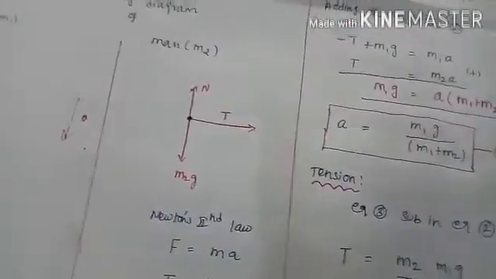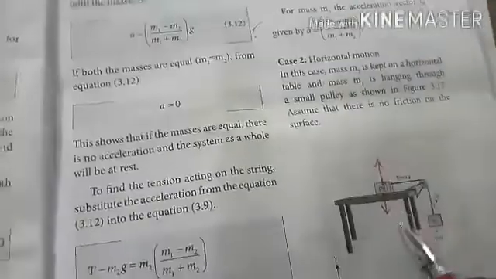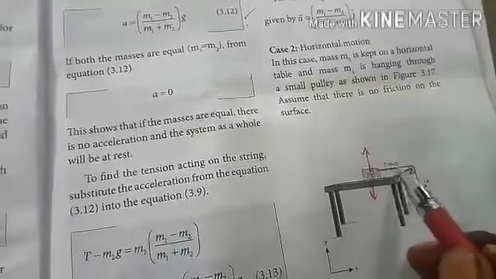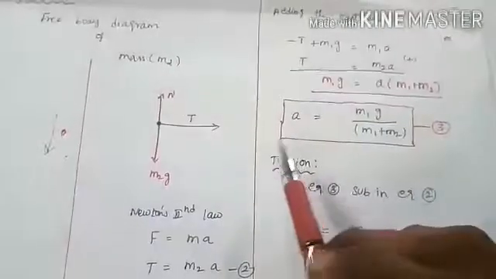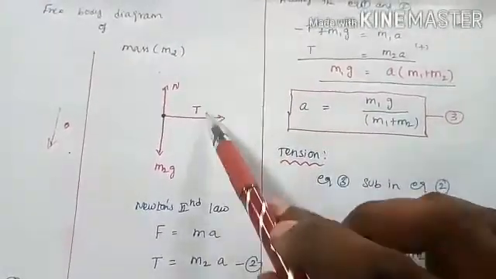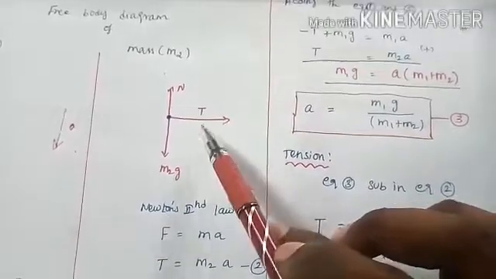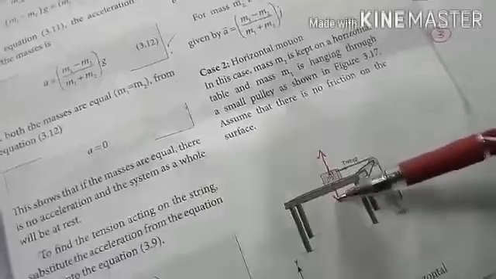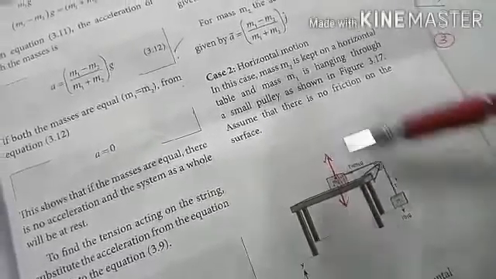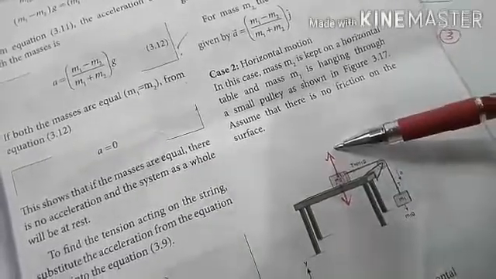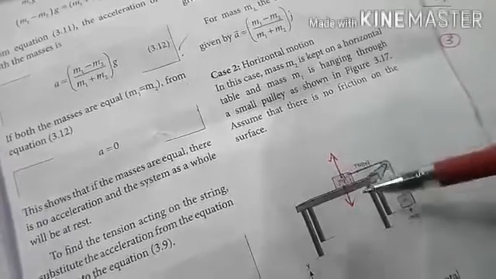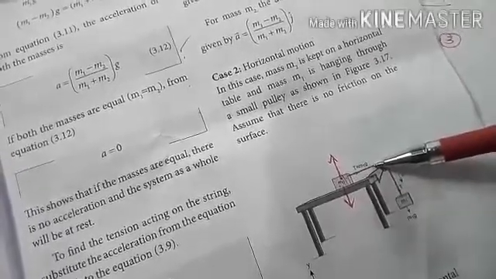The tension force acts on the right-hand side, in the horizontal direction. The object cannot move in the upward direction because the gravitational force and normal force cancel each other. So the object moves only in the horizontal direction.